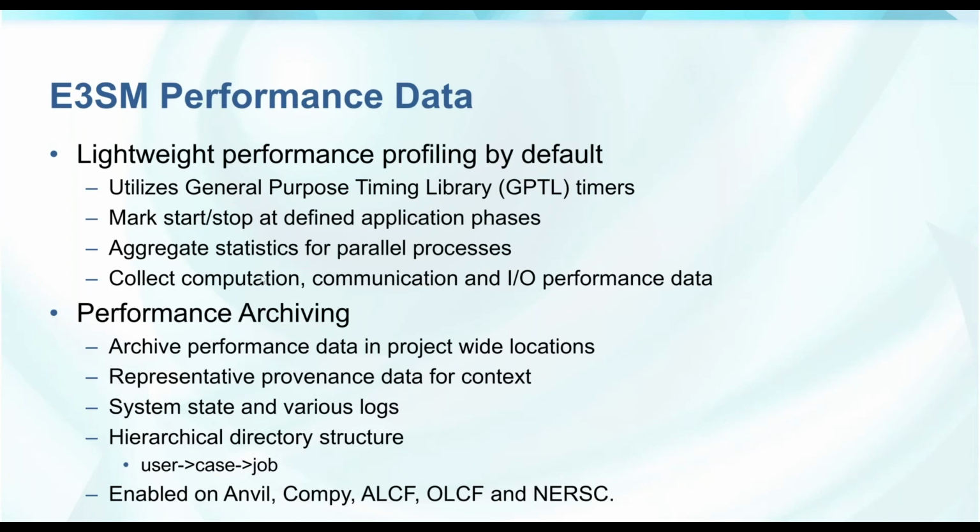And what I alluded to before, the performance archiving capability: on every supported platform for E3SM, we gather all the performance data as well as some provenance data for context. This is usually shared or saved in the project-wide locations on that particular platform. Now with PACE, the idea is to make it more accessible and centralize that information at a single place for easy sharing.